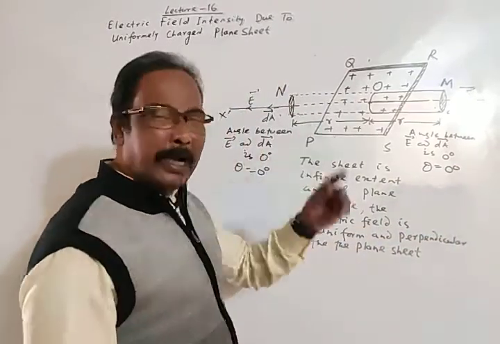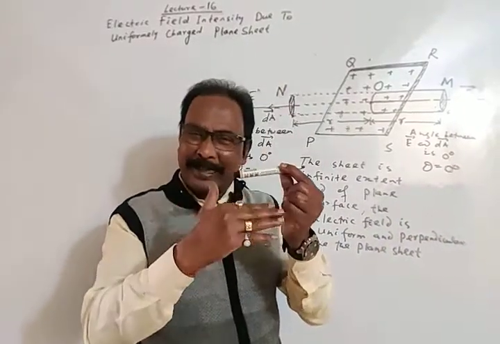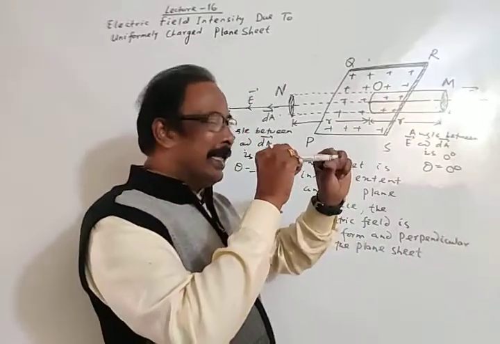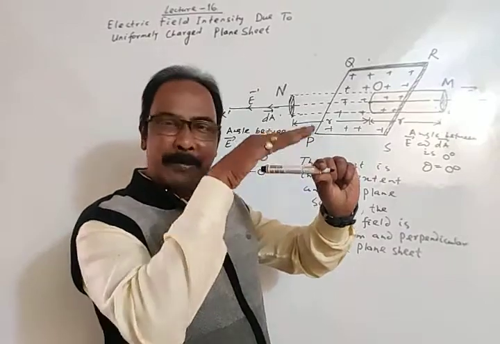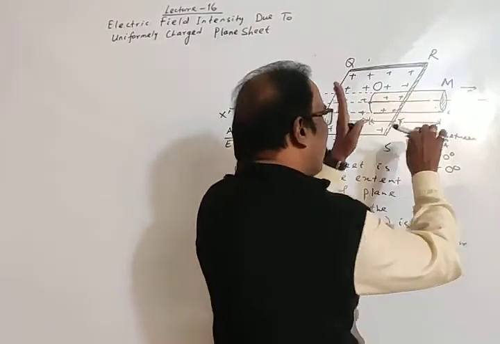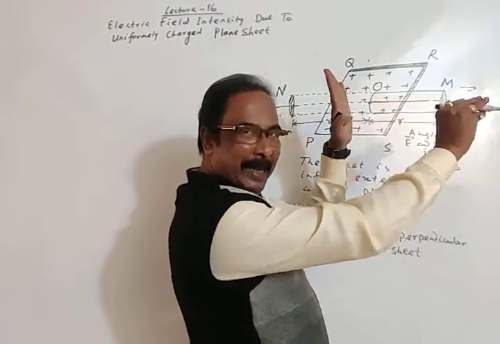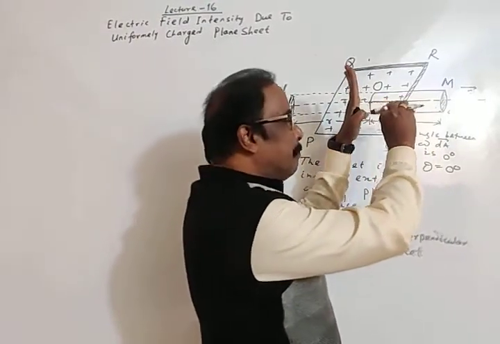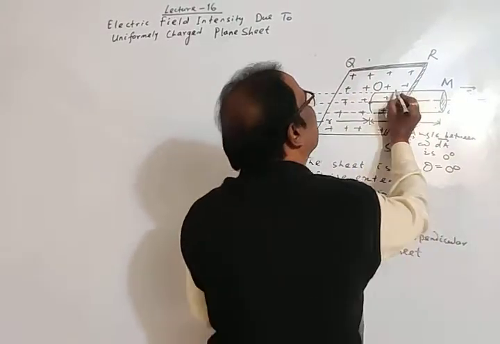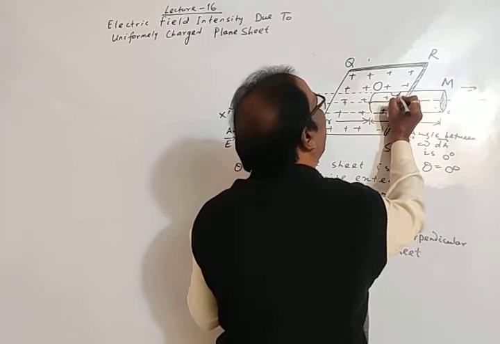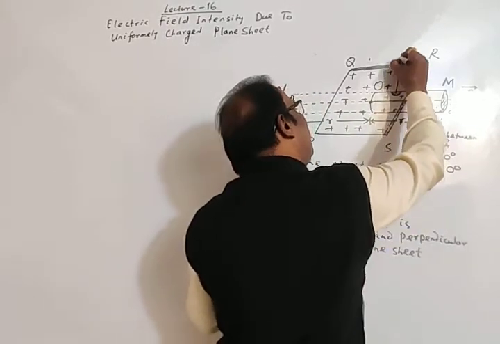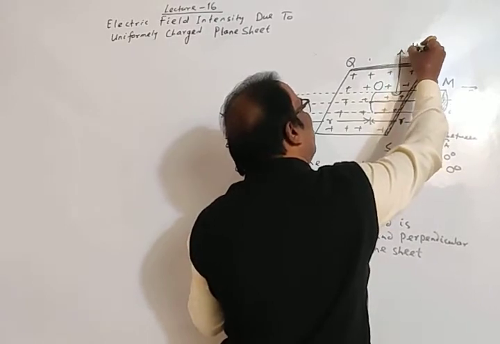But if we consider the curved surface of the cylindrical Gaussian surface, then here electric field is perpendicular to the plane sheet. Electric field is, suppose, along positive x-axis direction or along negative x-axis, but if you take an elemental area on this curved surface of the cylinder, then the direction of elemental area is perpendicular to the surface.